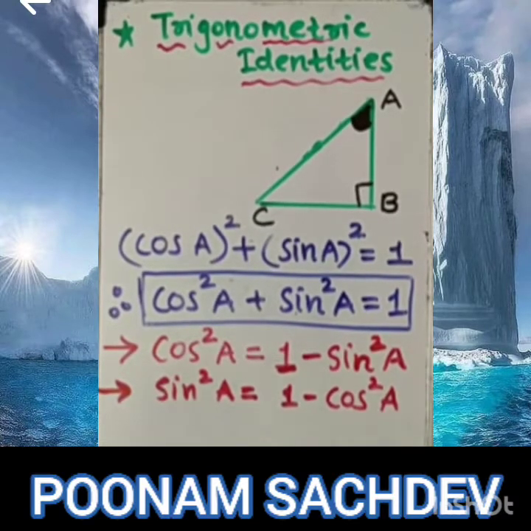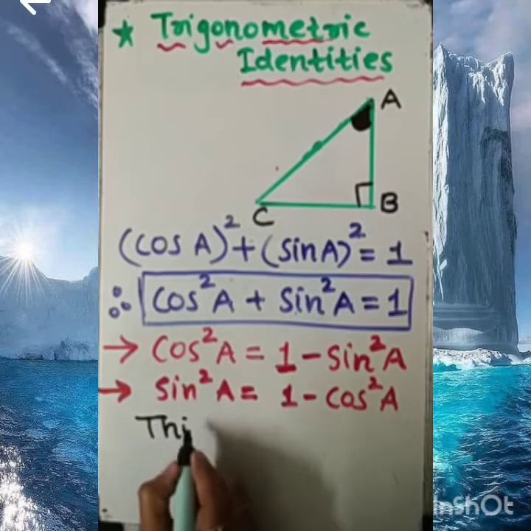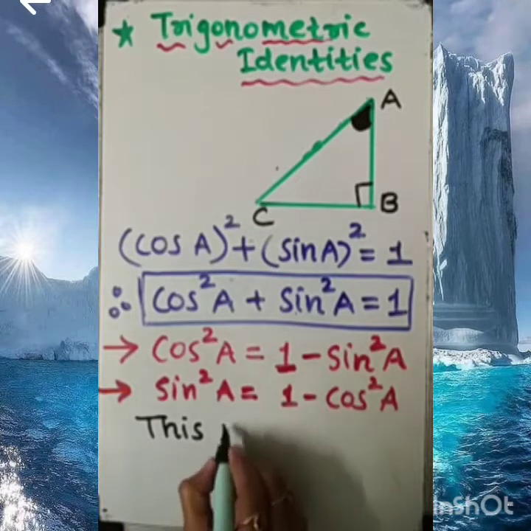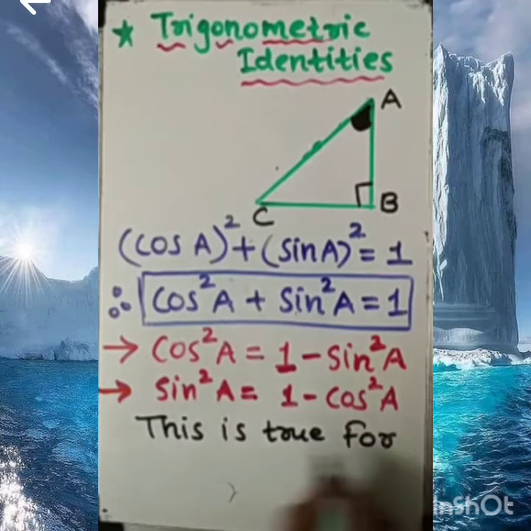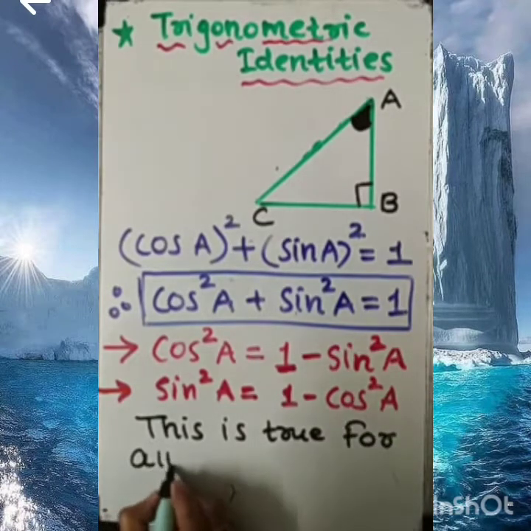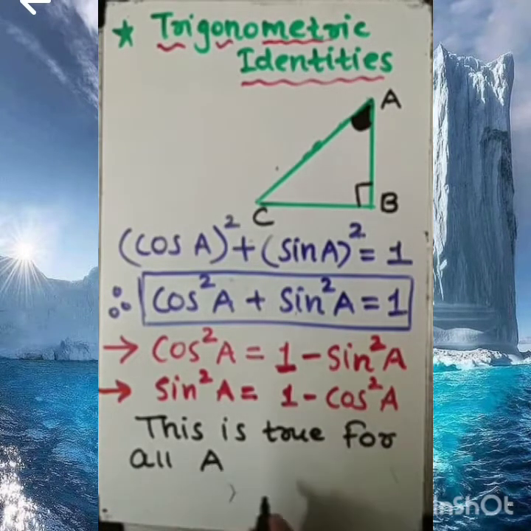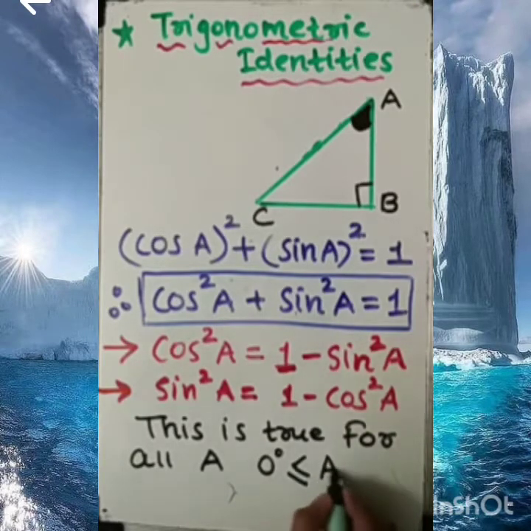My dear student, before we proceed to the second identity, it is very important to mention this. This identity is true for all angle A, that is, 0 degree less than or equal to angle A less than or equal to 90 degree.